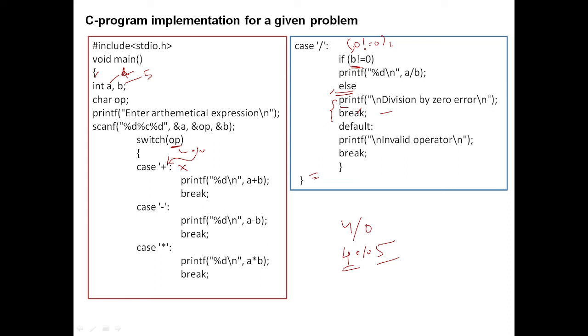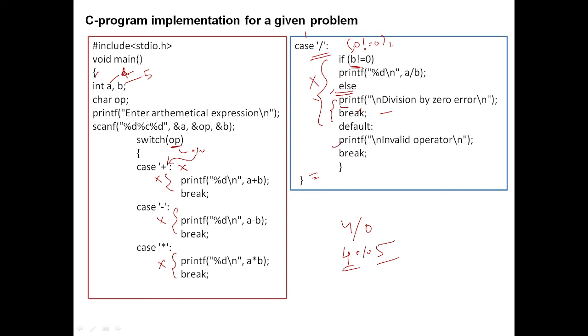There is no match, so this case will be skipped. It will match with the second one. There is no match, so this will also be skipped. It will match with the third case. This is not matching, so it will not be executed. Similarly, finally it will match with this particular case. Again it is not matching, so this case will also be skipped.